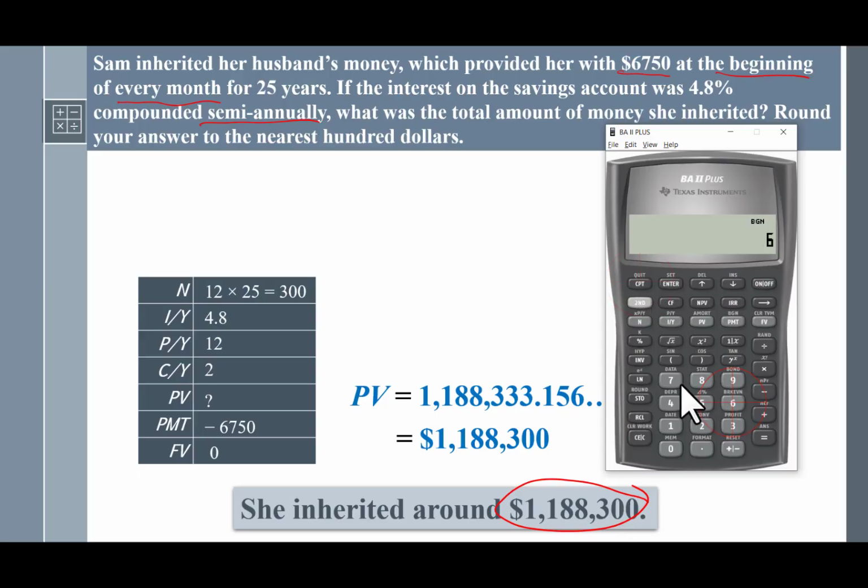PMT 6750, so minus sign. That's our PMT. Future value is 0. And we're going to CPT present value. And you will see that it is $1,188,333.16. Rounded to the nearest hundred will be the answer shown on the screen.